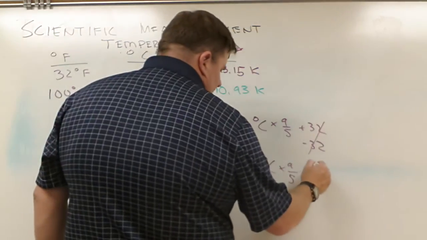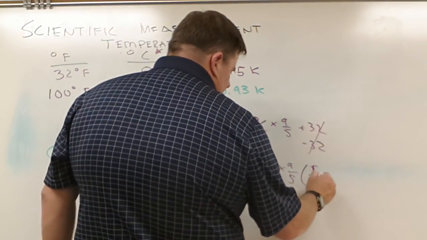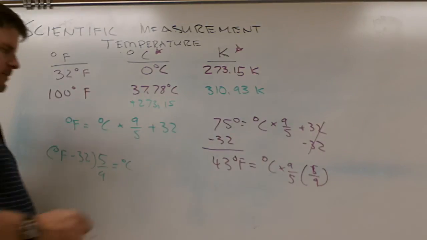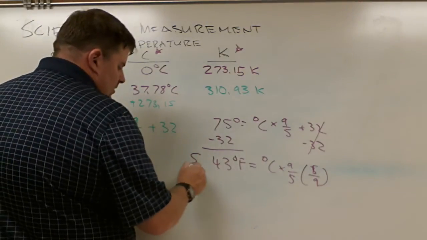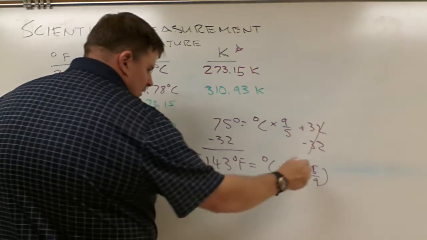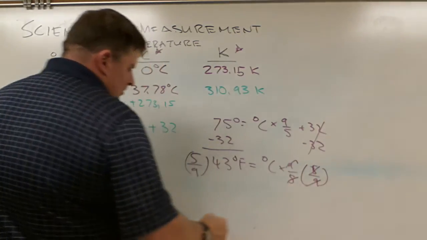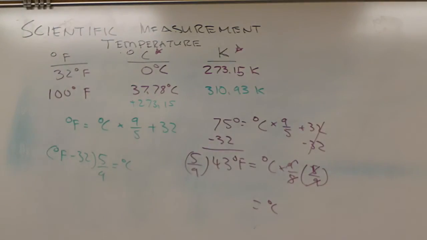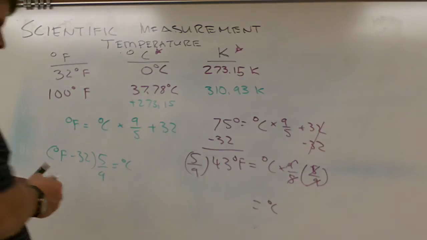Now if I multiply both of these by 5/9, I should get my overall term. The 5 cancels, the 9 cancels, and what I'm going to be left with is a balmy temperature of 23.89 Celsius.